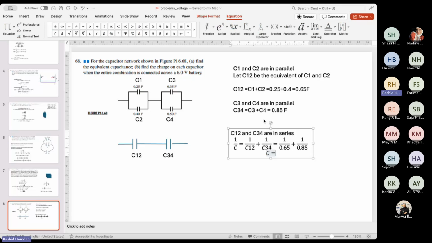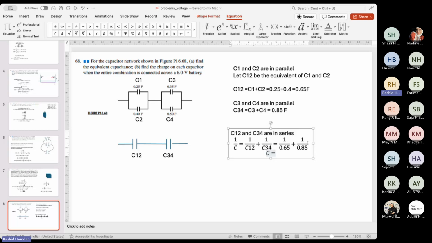So I have, first I have to find 1 over C, this term. So I'm going to put a bracket, 1 over 0.65 plus 1 over 0.85, and then that is 2.7.